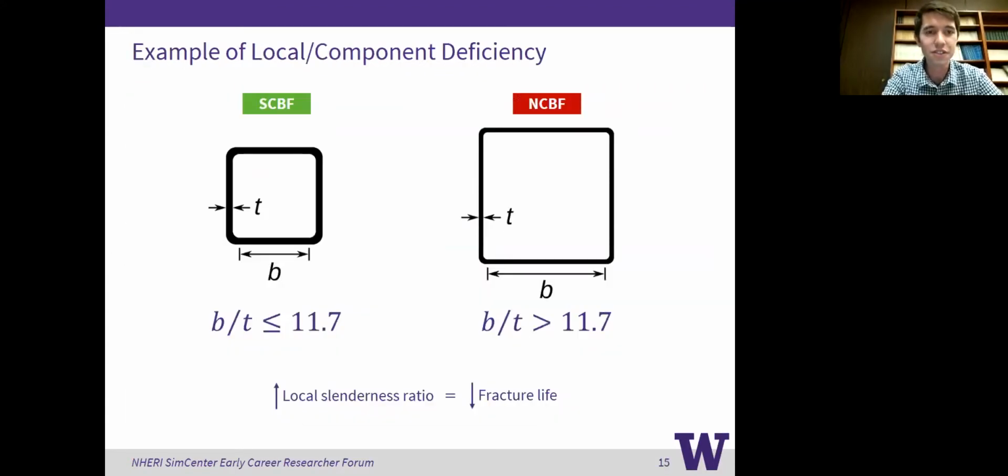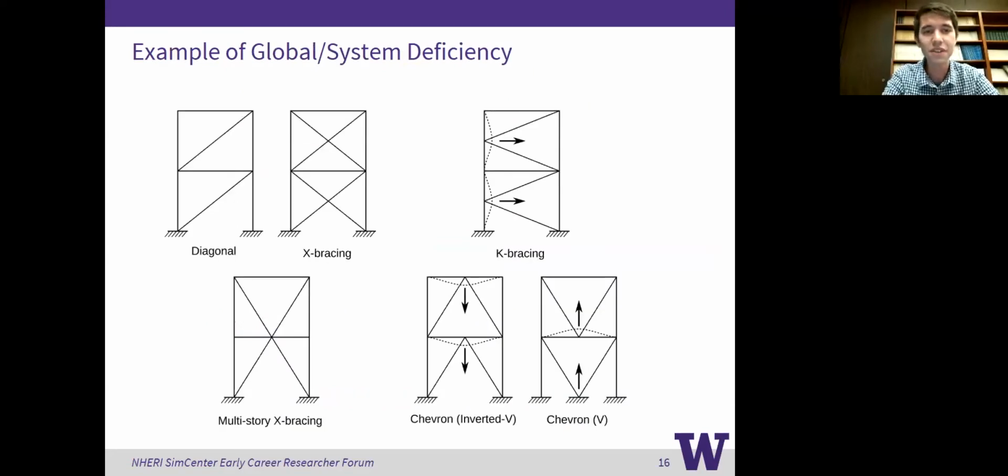So this is just an example. So some of these are going to be local or component deficiencies, like the width to thickness or local slenderness ratio of the brace. Noting that as we increase the local slenderness ratio, we're really decreasing the fracture life of the brace after it buckles, because we're intensifying that local cupping deformation that you would see at the midspan if you have a square HSS brace. Okay, and then other problems are more systematic in nature.